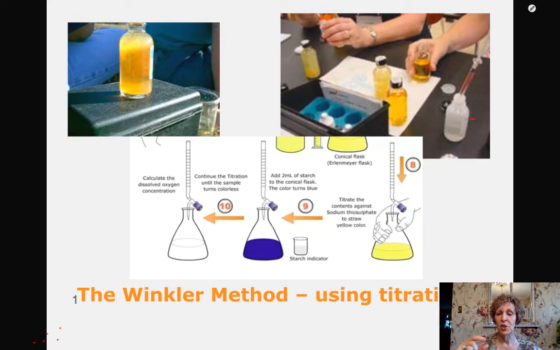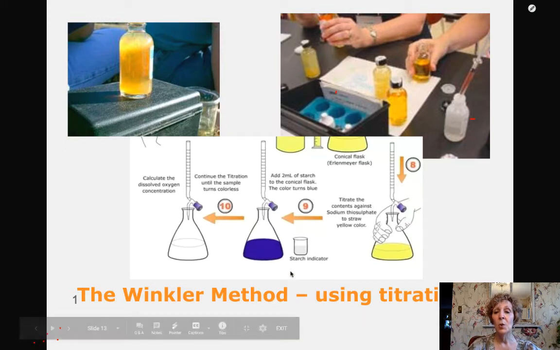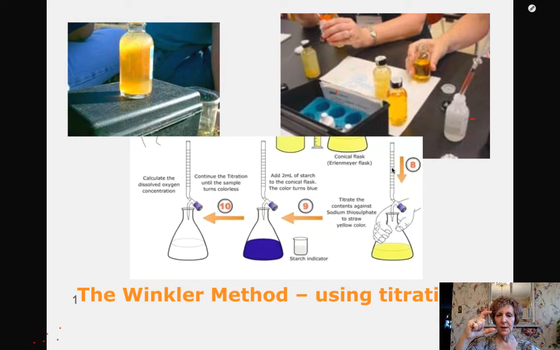In a titration, if you've had AP Chem, you know that when you add a known amount of a chemical that you can measure the volume very accurately, you usually put some kind of indicator in the chemical reaction that's going to turn color right at endpoint, right when the chemical reaction with this reactant that's in your titrant, in your pipette that you have here, is going to equal in volume to the chemical that you're trying to determine that is in your sample. And that's what's going to happen with us in the Winkler method.